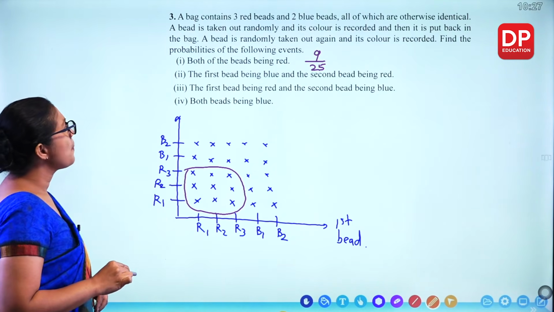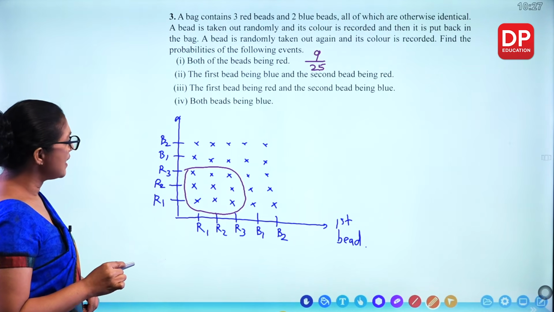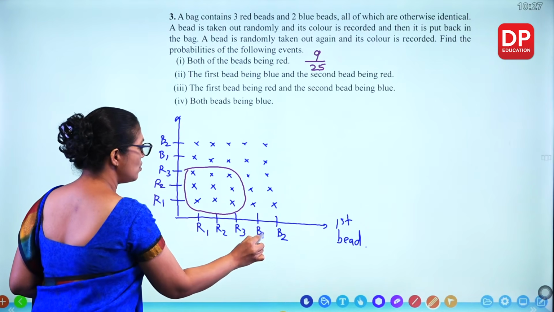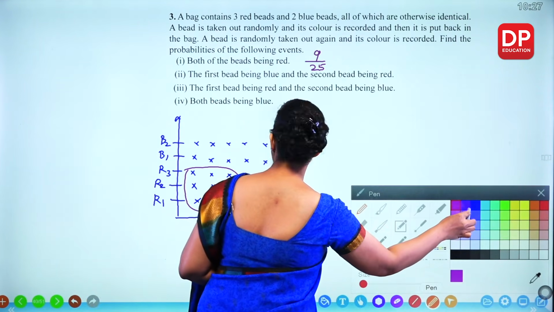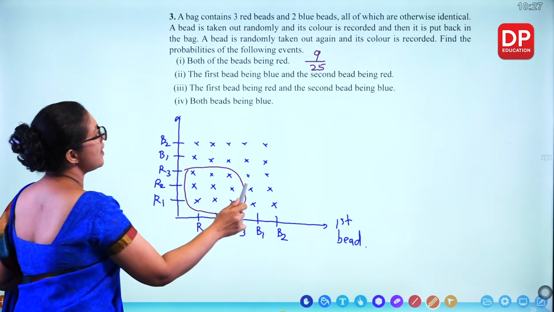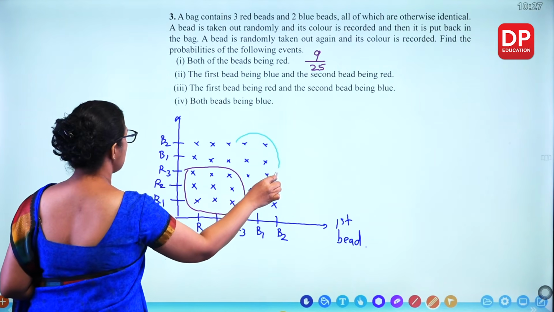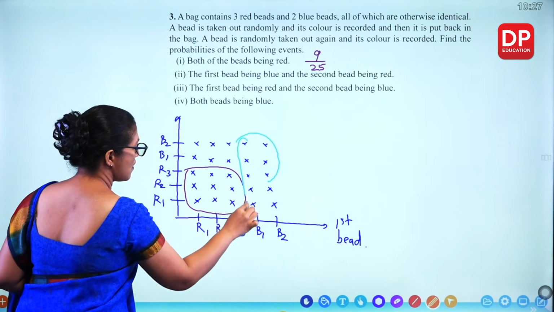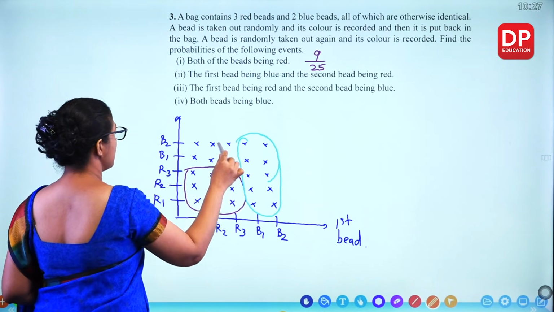The second one, the first bead being blue and the second one is red. I'll take now light blue. First one is blue and the second one is red, means this whole region.